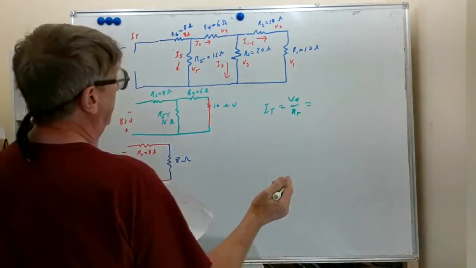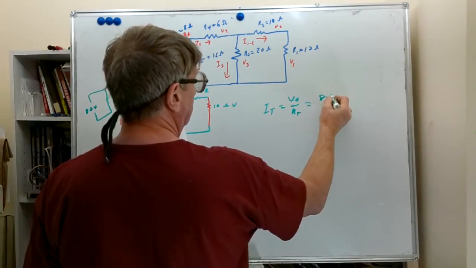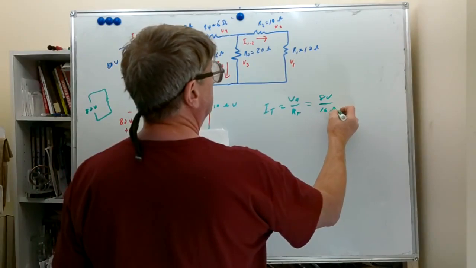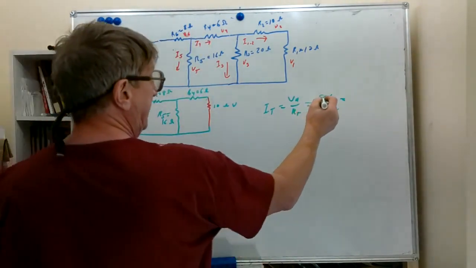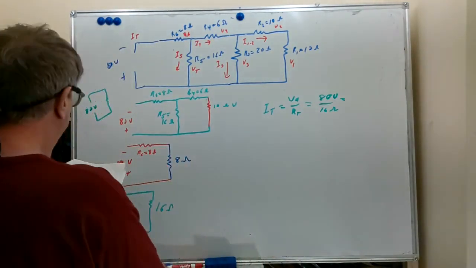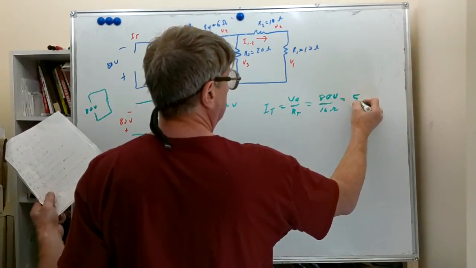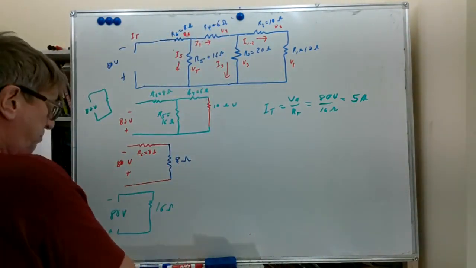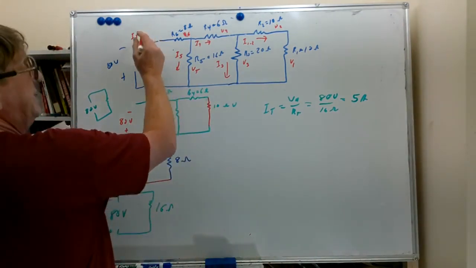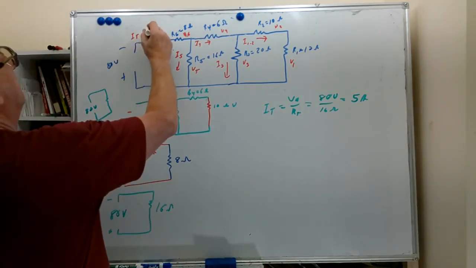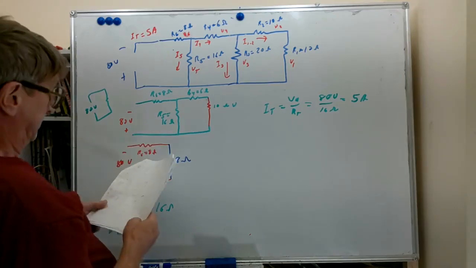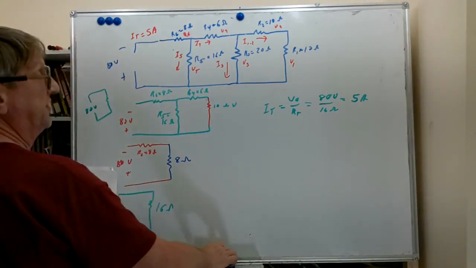So that becomes 80 volts divided by 16 ohms, which works out to 80 divided by 16 gives me 5 amps. So let's put that on the circuit there. IT, we just calculated. 5 amps. So at least one step closer to solving this problem.